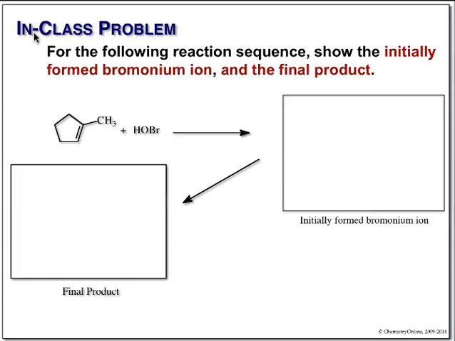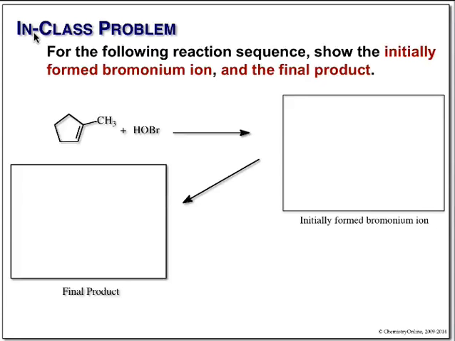Now, in this problem, you are asked to draw the bromonium ion. Remember, just like in the addition of Br2, first thing that happens is Br plus, effectively, will just sit down on top of this pi cloud.